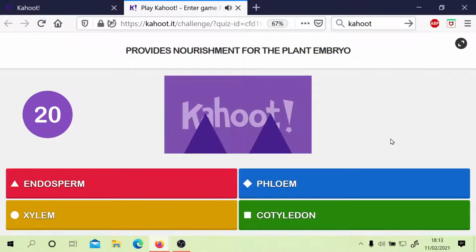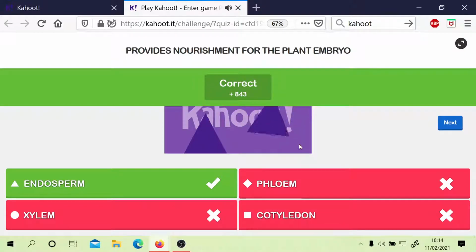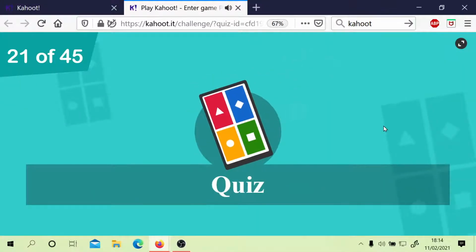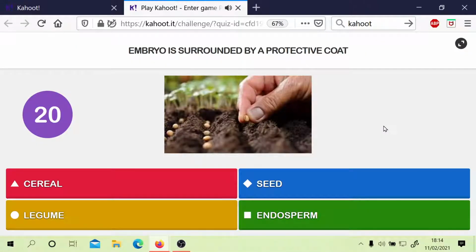Is that the roots? Or is that the other way around? Nourishment. Is that endosperm? Yeah, that is endosperm. It's funny, I know the difference between these two and these two at least, right? But anyway, it's not perfect, but it's better than not knowing anything. Embryo surrounded by a protective coat.